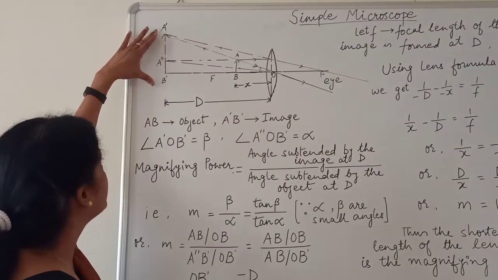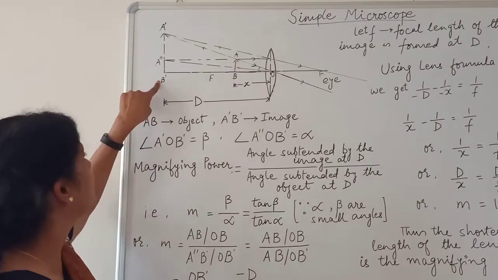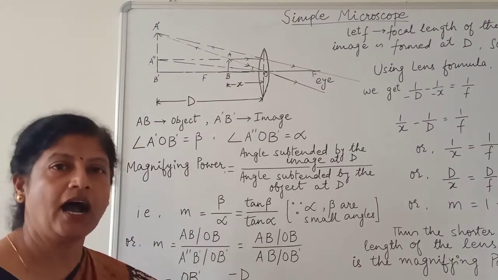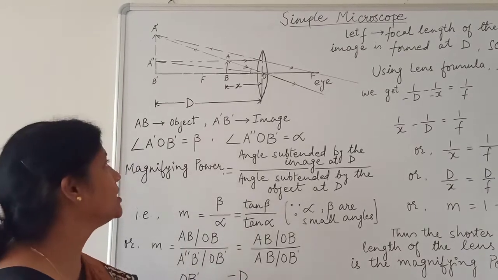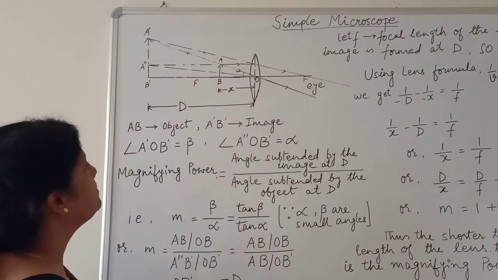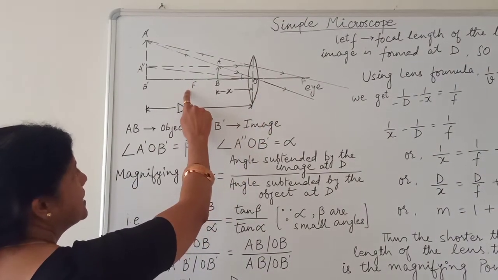Here you see A dash B dash is the image. It is a virtual, erect and highly magnified image when object AB is placed between optical center and focus.